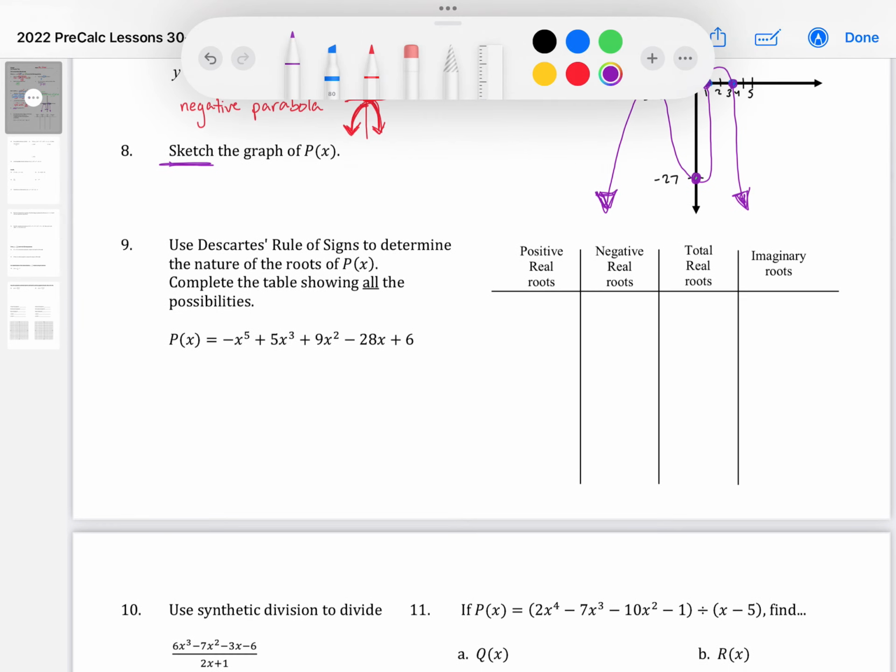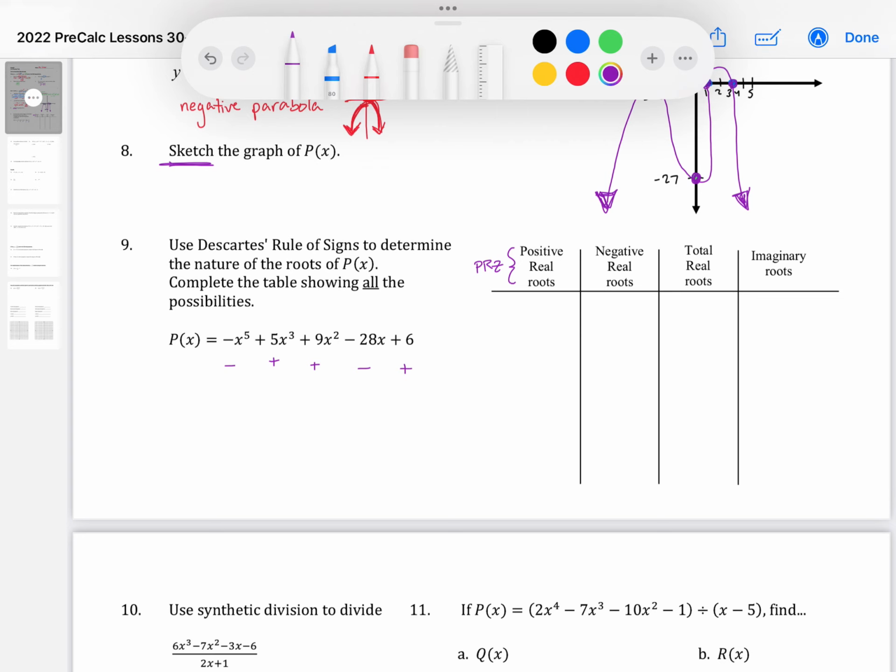All right, so the next part is using Descartes' rule of signs, determine the nature of the roots of p of x. Complete the table showing all possibilities. So the first thing we're going to look at is the number of positive real roots, which, if we remember, in the notes we called those positive real zeros, or the PRZs. So if we look at the signs of each term, we have a negative, a positive, a negative, and a positive.